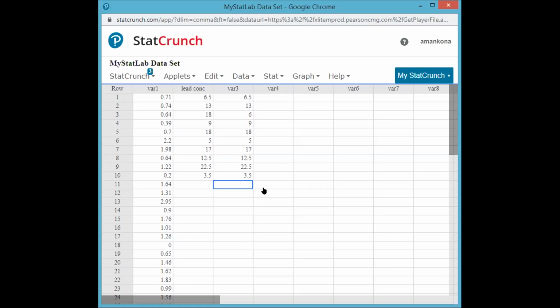Okay, so we have 6.5, 13, 6, 9, 18, 5, 17, 12.5, 22, 3.5.